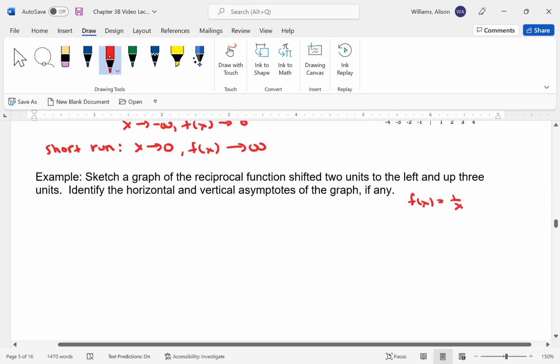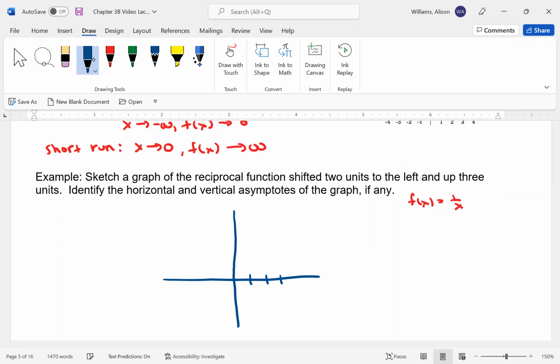Okay, so the original function, which is above, normally has a vertical asymptote at x equals 0. But if we're shifting this to the left 2, that means our vertical asymptote is shifting right there. And I use a dashed line to represent my vertical asymptotes when I'm drawing them.